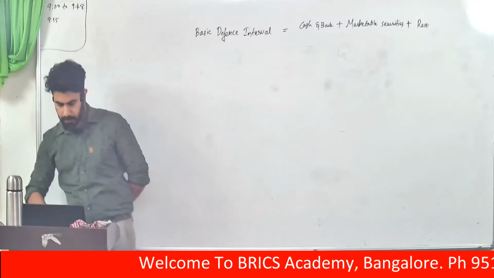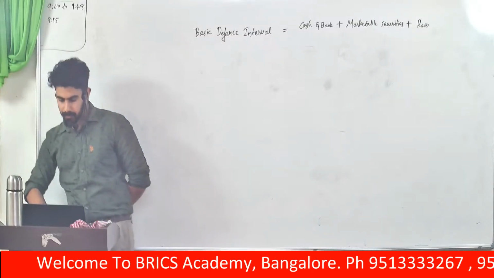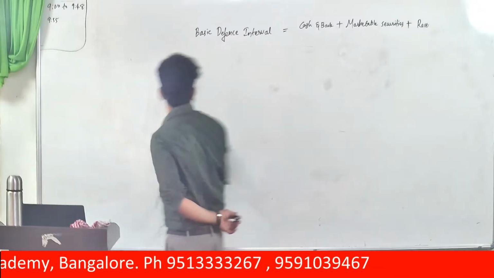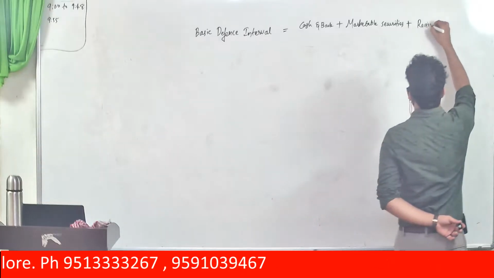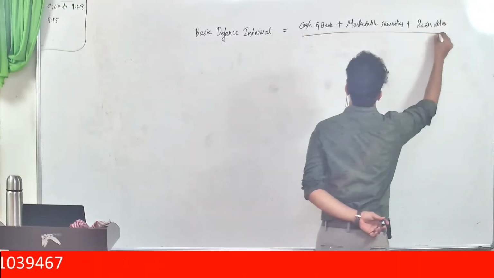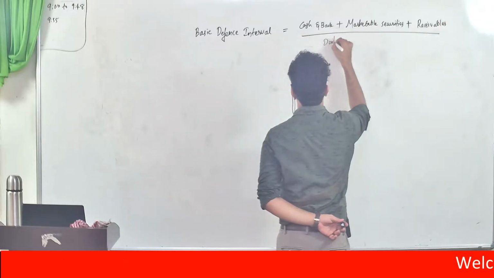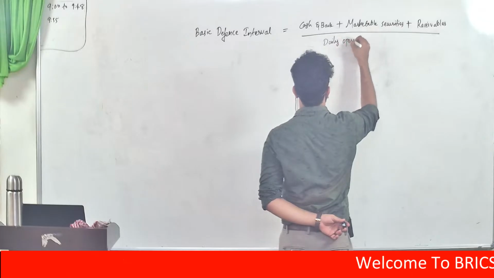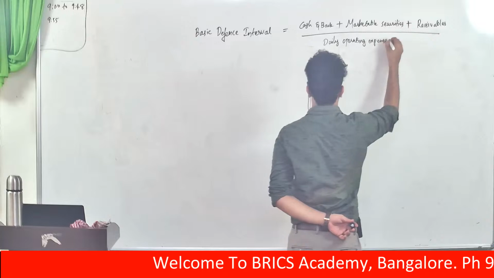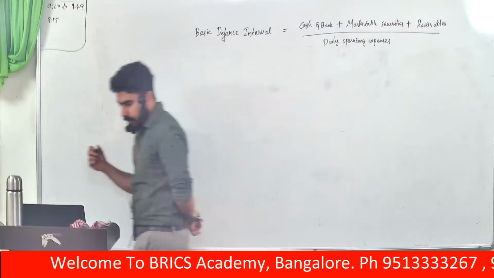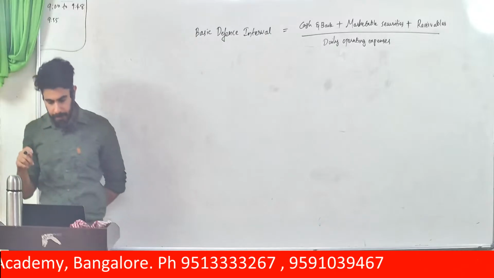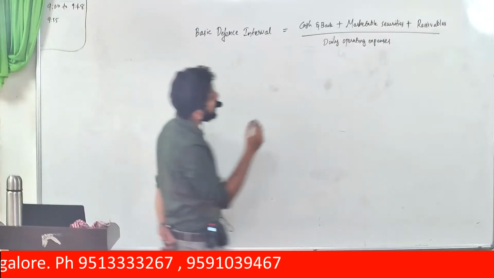I'll write receivables for now, divided by daily operating expenses. So cash and bank plus marketable securities plus receivables divided by daily operating expenses.